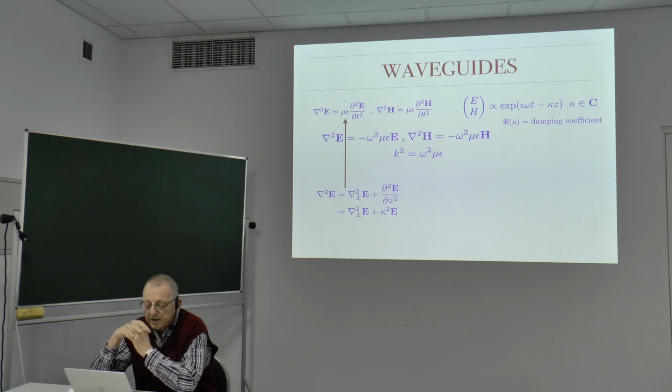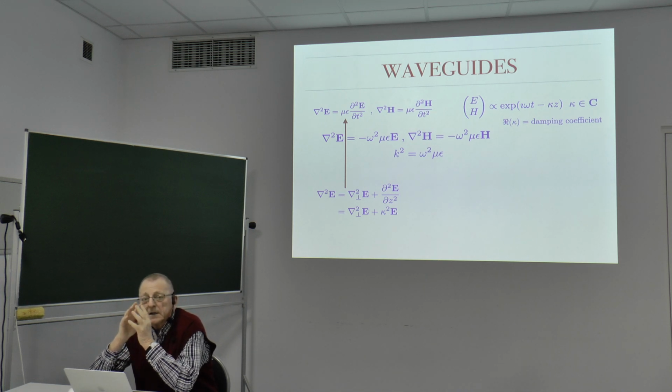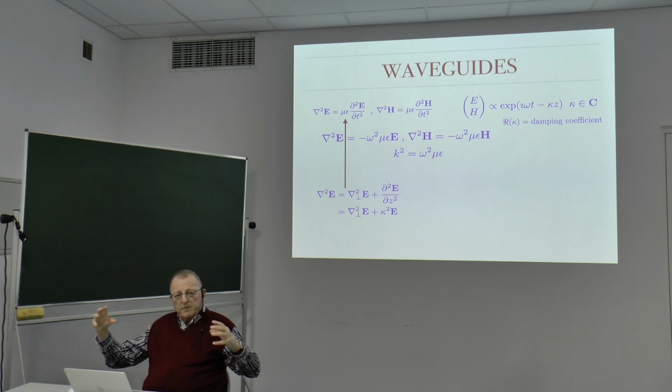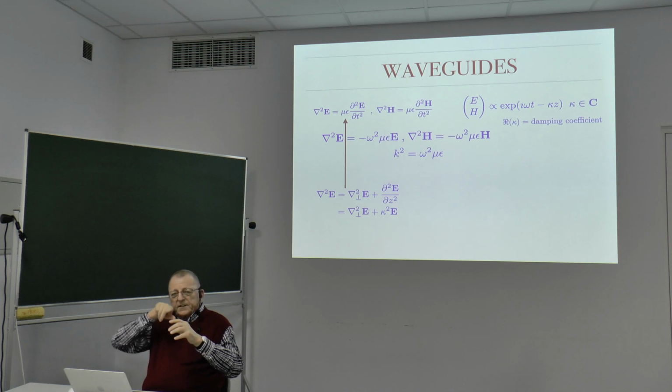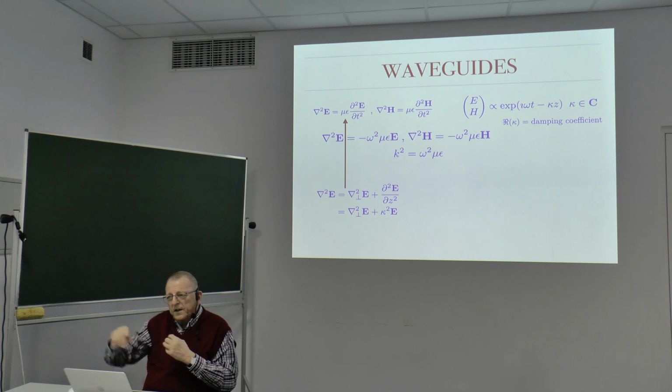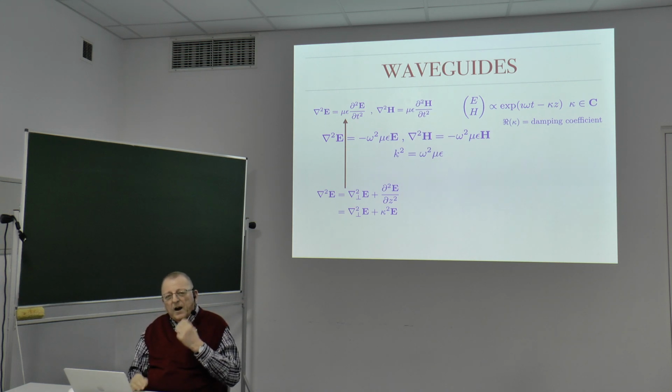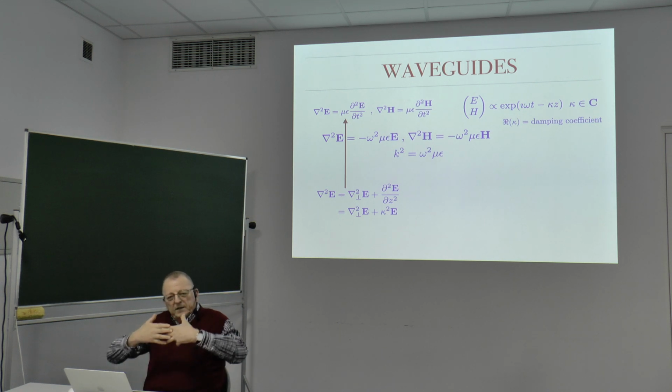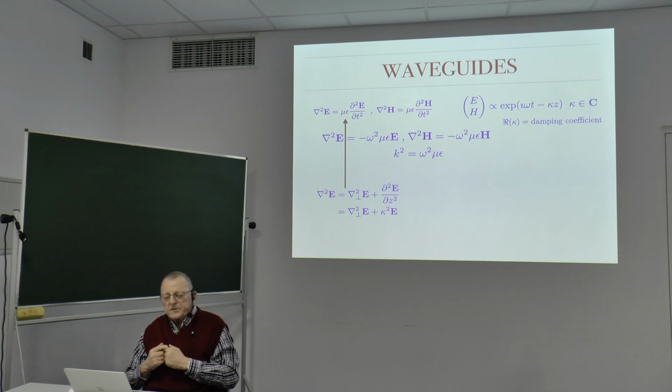So we have these equations, and now I do that trick. Because the problem I'm going to solve has this chosen direction z, or I will try to look at the phenomena which are essentially different in the z direction and in the remaining perpendicular directions.